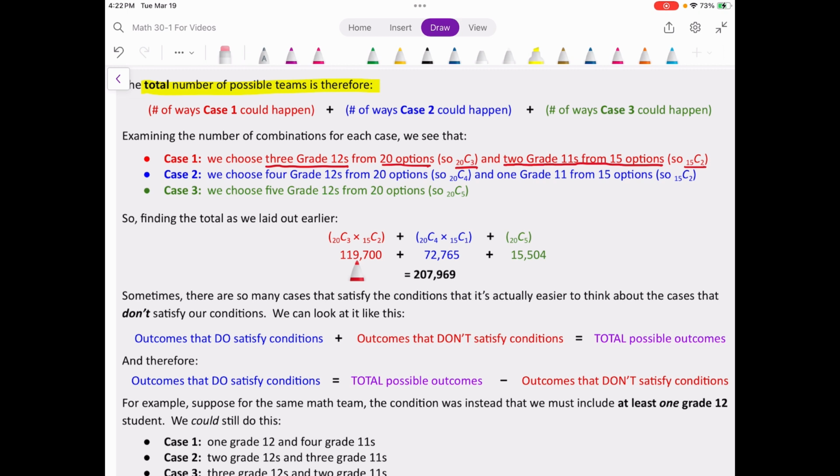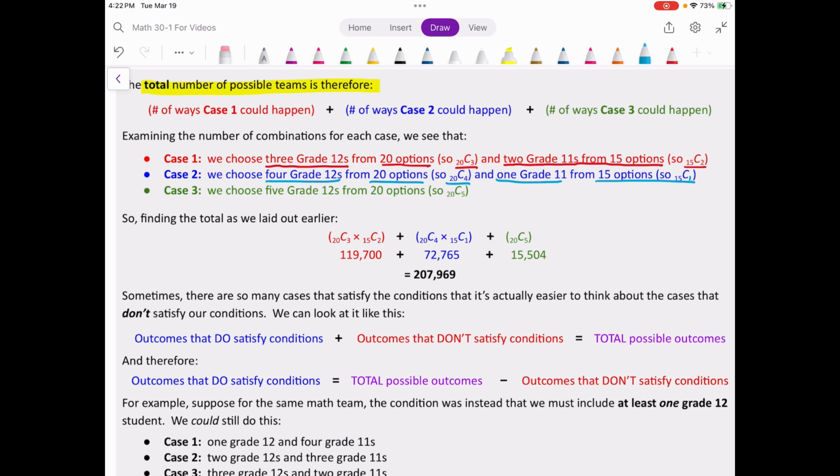Multiply them together, that gives us this result. There's 119,700 different teams that have 3 grade 12s and 2 grade 11s if we have this many 12s and 11s to choose from. But we know that we could also choose 4 grade 12s from 20 options. That's 20 choose 4. And 1 grade 11 from 15 options. Whoops, that shouldn't be a 2, that should be a 1. That's a typo, my bad. That should be 15 choose 1.